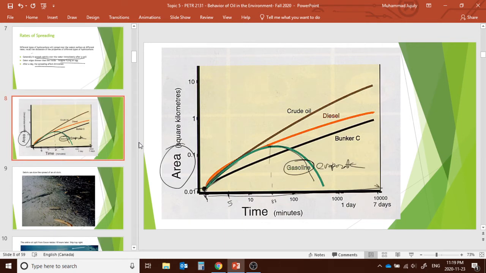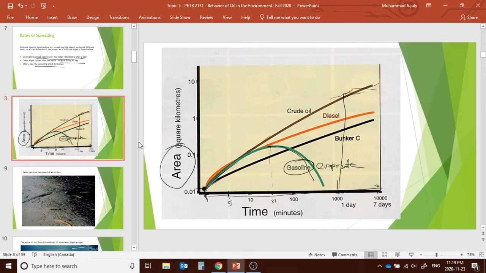But for the crude oil, for instance, what happens? It spreads. Okay, here for diesel, for the bunker, after 1 day you'd find it doesn't spread much.